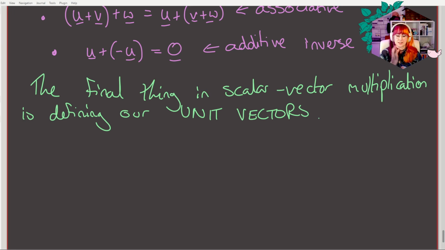And they're all going to be pointing in the same direction, but they're all going to have different magnitudes. So perhaps instead of thinking of a random vector as the size and direction, we think of it as a stretching of a base vector. So the base vector, the unit vector, gives us our direction, and the scalar corresponding to that gives us our stretch.